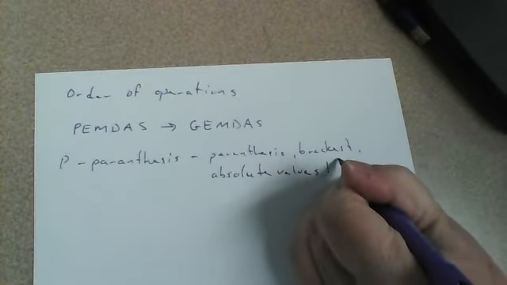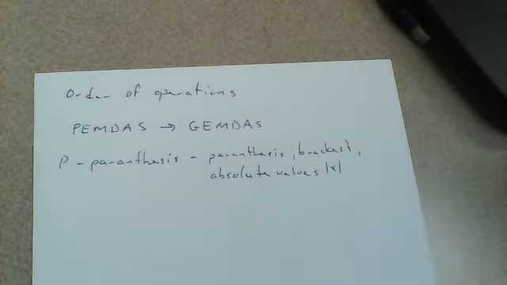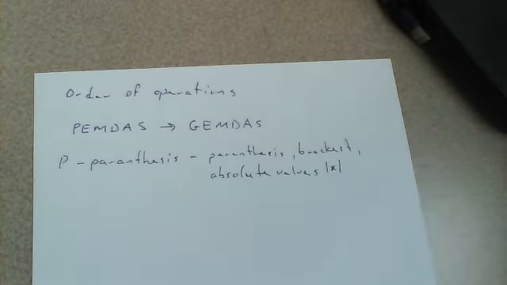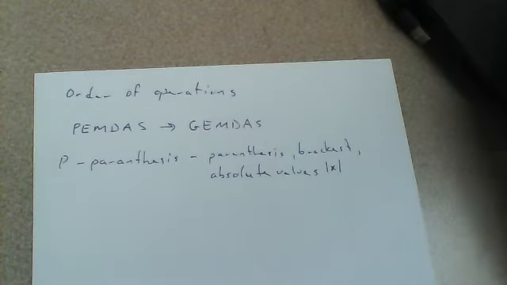That's absolute value when you have something in between the straight lines, and it would be the positive. Those are the things you're going to want to deal with first. And when you're dealing with them, you go from the innermost grouping to the outermost, and you're dealing with what's inside the grouping, not outside the grouping.